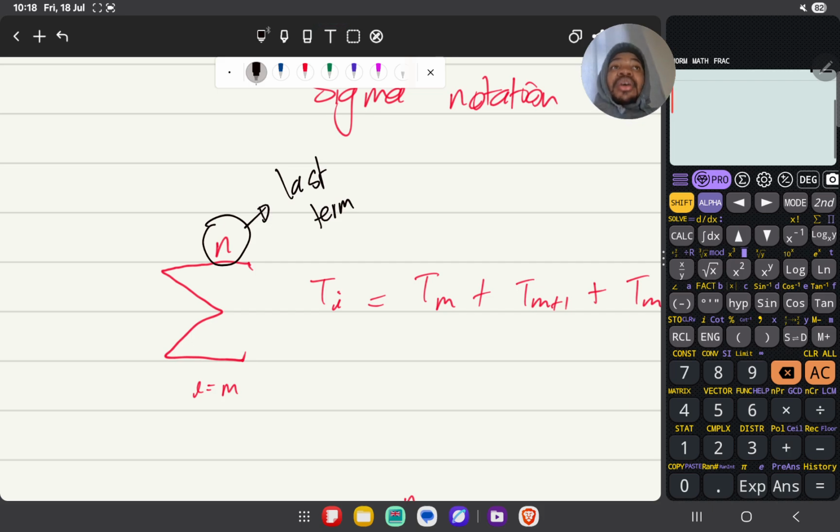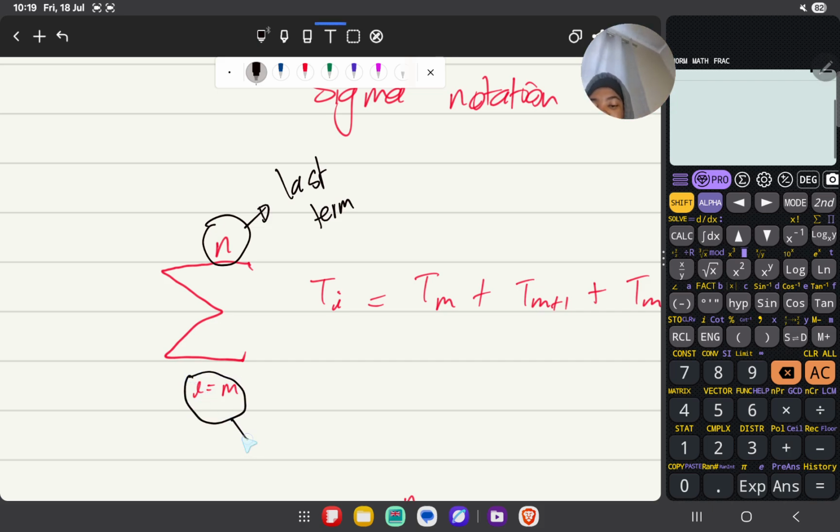By the last term, I'm saying it is the value that we are going to add up to. If I have 10 there, it means we are adding up until n equals 10.